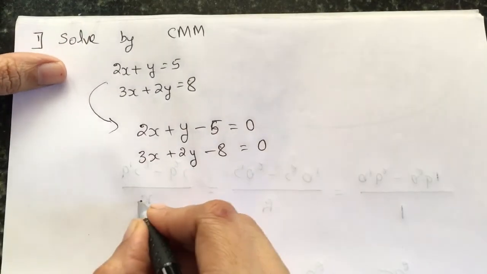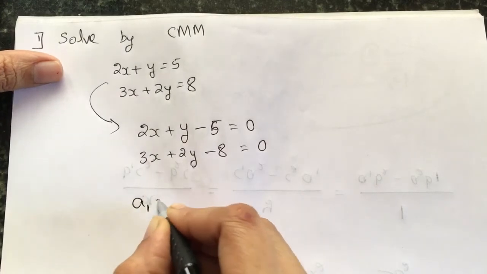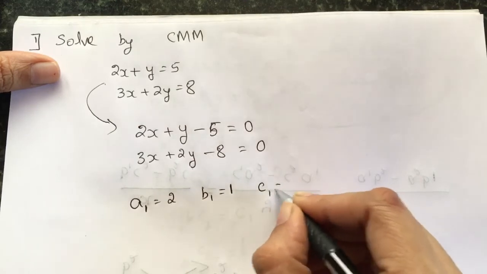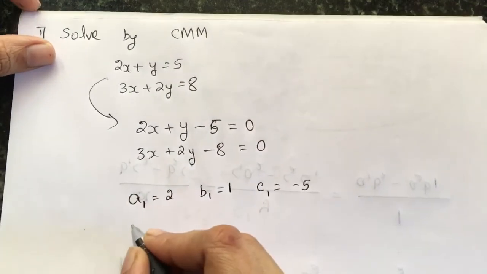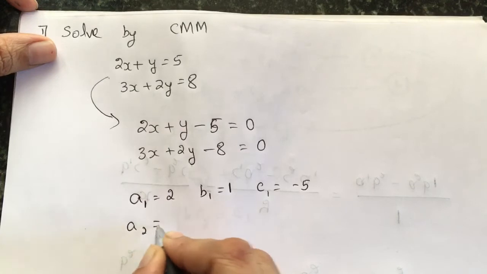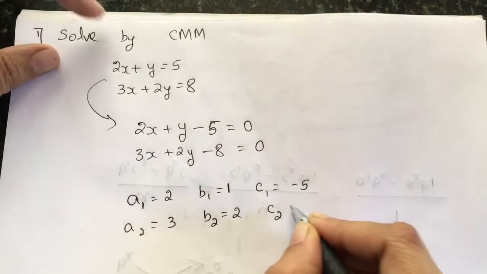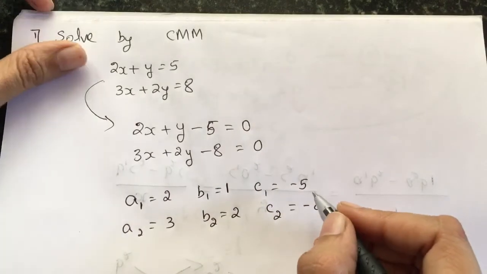So first, a1 is 2, b1 is 1, c1 is minus 5, and then a2 is 3, b2 is 2, and c2 is minus 8.